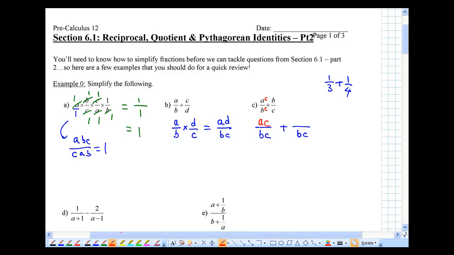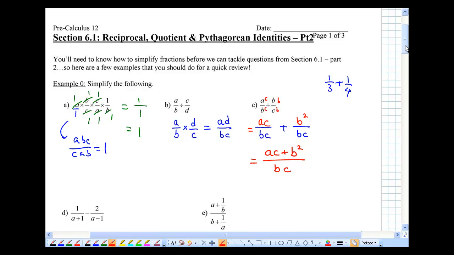For the second fraction, I'm missing a b on the bottom, so I get bb, or b squared. Once the denominators are the same, we can combine the numerators: ac plus b squared, all over bc. And that's what it simplifies to.